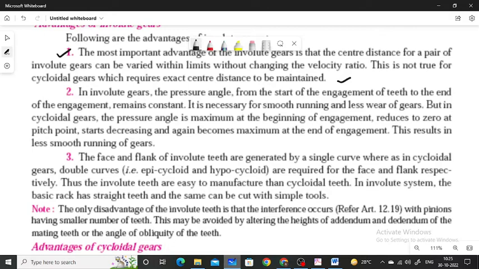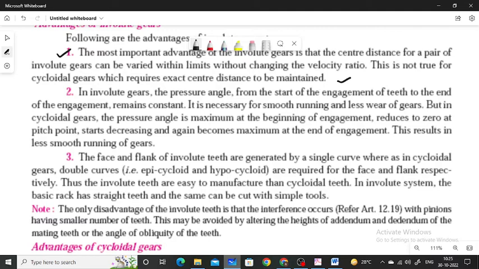The third advantage of the involute gears is the face and flank of the involute teeth are generated by a single curve, okay, whereas in cycloidal gears double curves are required for the face and flank respectively.